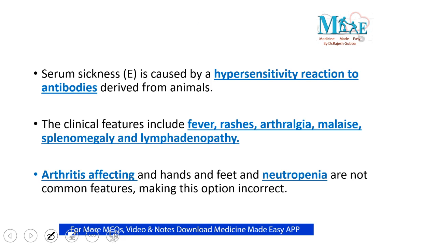Then you take the fifth option, that is serum sickness. See, what is serum sickness? It is basically a hypersensitivity reaction to antibodies. The antibodies which have been derived from animals, if you give them to humans, will cause a hypersensitivity reaction. That is what is called serum sickness. And what will be the clinical picture in serum sickness?